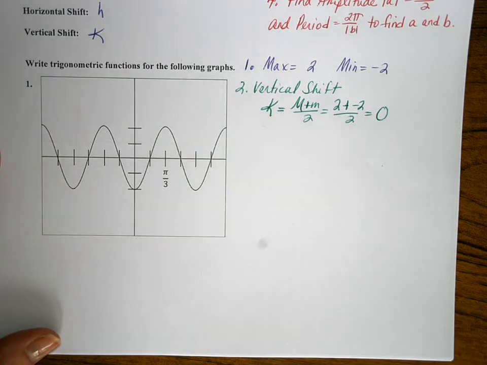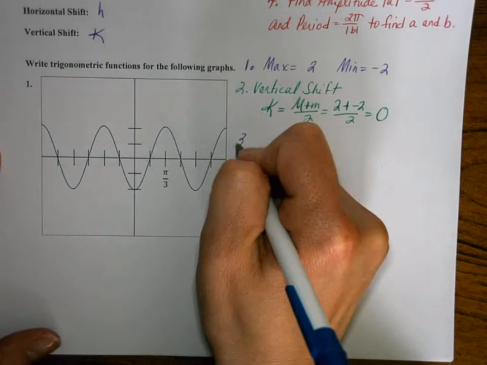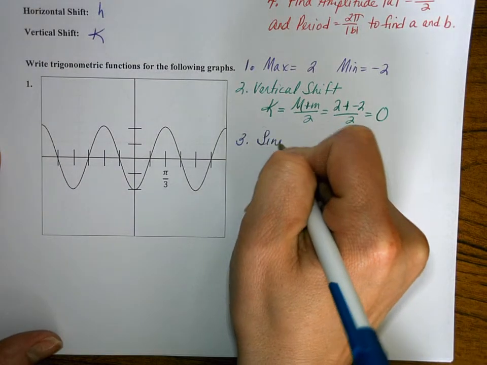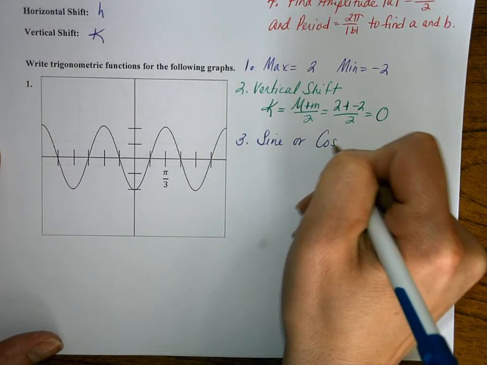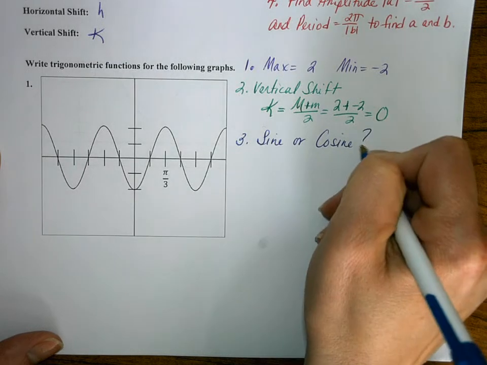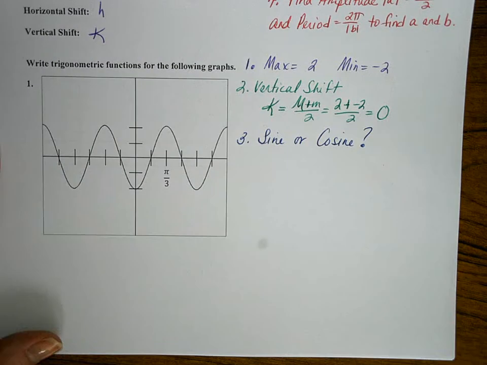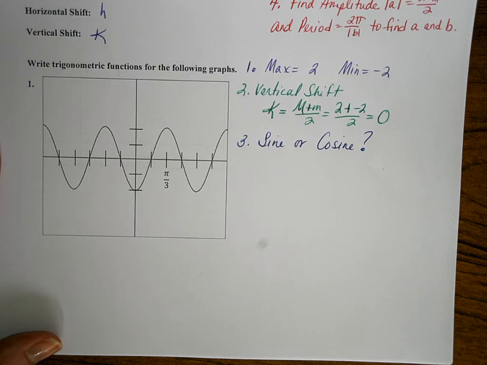Now, the third thing I need to decide is, is this graph going to be a sine graph or would it be better written as a cosine graph? Cosine graph. Why do you choose cosine? Where is it crossing the y-axis?